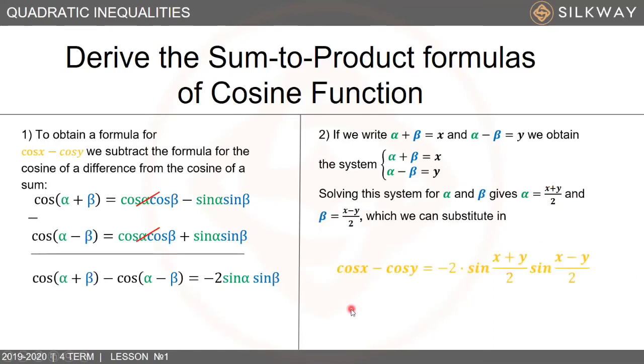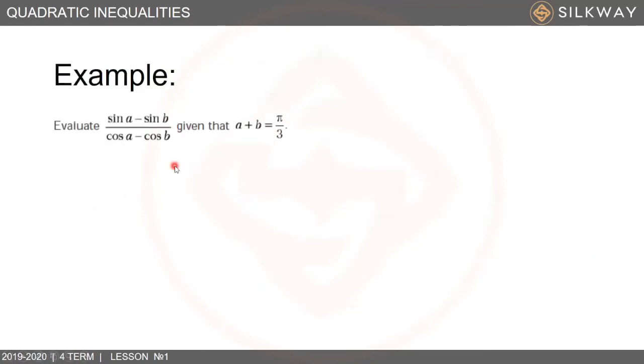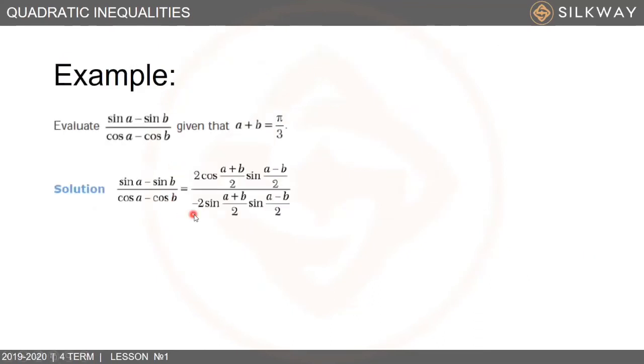Okay, and now to solve this example, we use our formulas, and after using them, we will have these expressions, and the 2's are cancelled, and then sine a minus b over 2 and sine a minus b over 2 are also cancelled, and we will have these expressions, and look at these angles, they are the same.